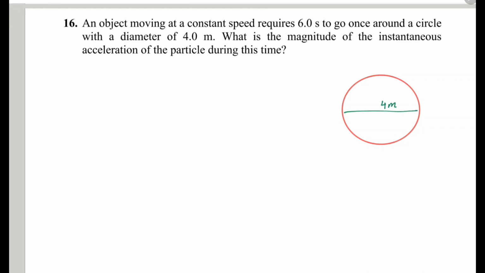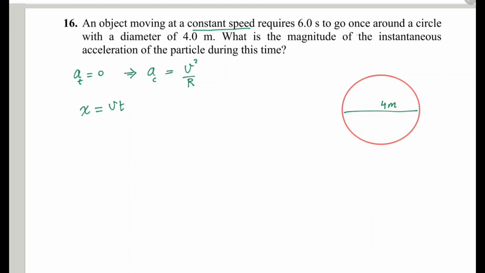Now, since the object is moving with constant speed, the tangential acceleration is equal to 0, and the only acceleration we have is the central or radial acceleration, which is equal to v squared over r. Now x here equals vt.